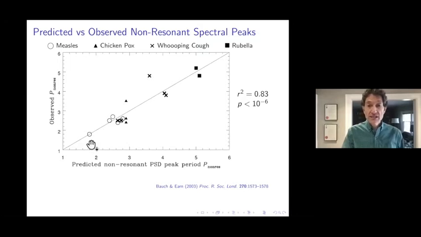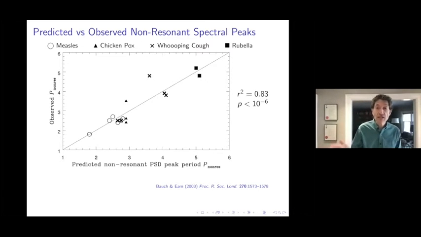And here is an example from quite a few years ago, looking at the predicted non-resonant power spectral peak for a bunch of diseases in different places versus the observed, and there's very strong agreement here. So we seem to be getting it right. And I'll mention too that for the resonant peaks, we get those exactly correct always.